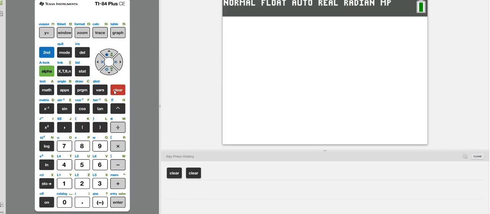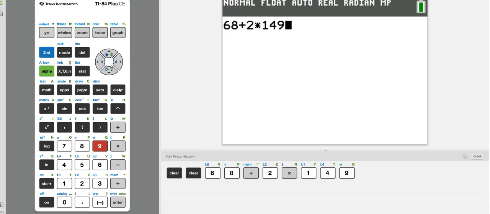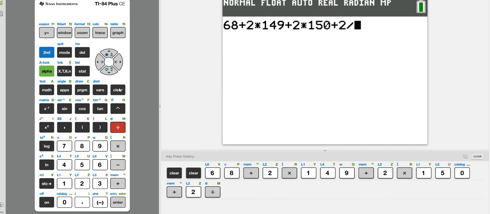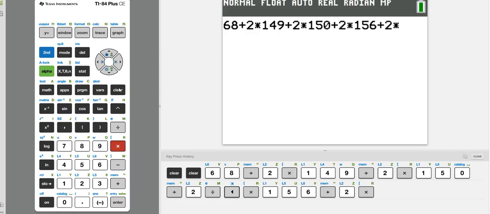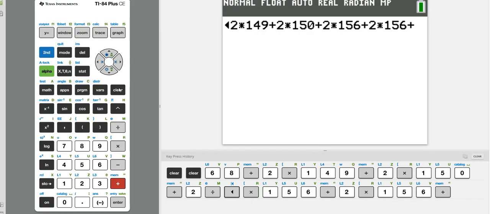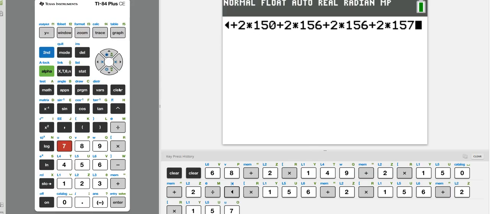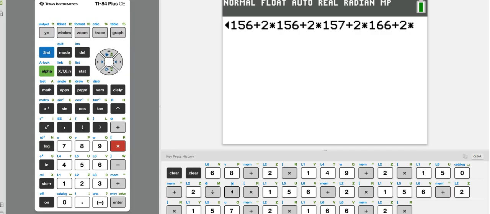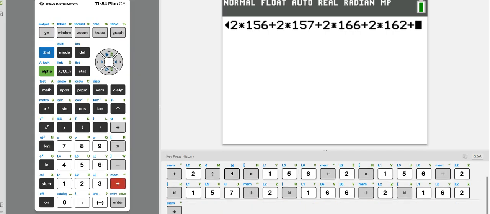So I'll start with 68 plus 2 times 149 plus 2 times 150 plus 2 times 156 plus 2 times 156 again plus 2 times 157 plus 2 times 166 plus 2 times 162 plus 153.